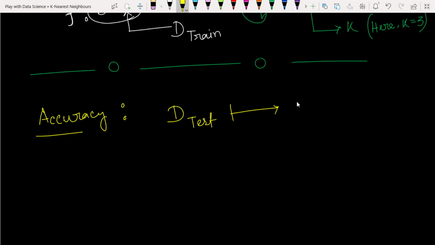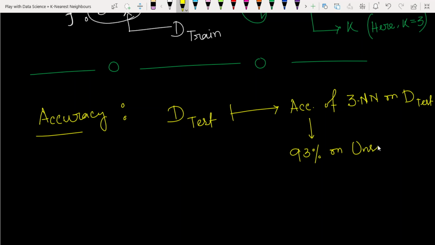Suppose the accuracy of this 3NN model on our test data set is 93%. The same number was considered in the previous example on unseen data.